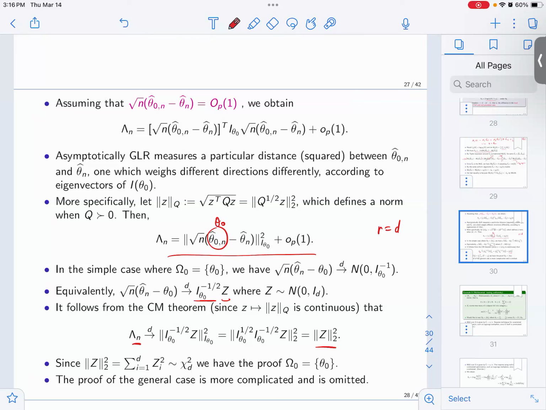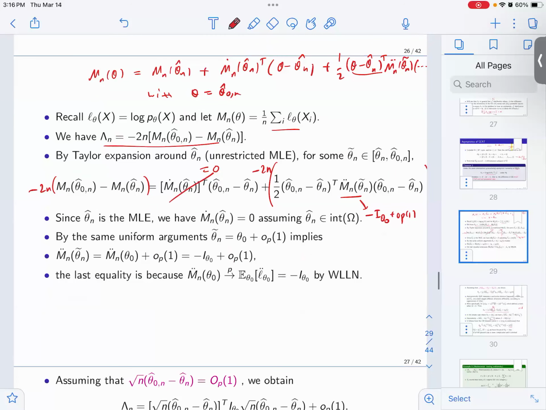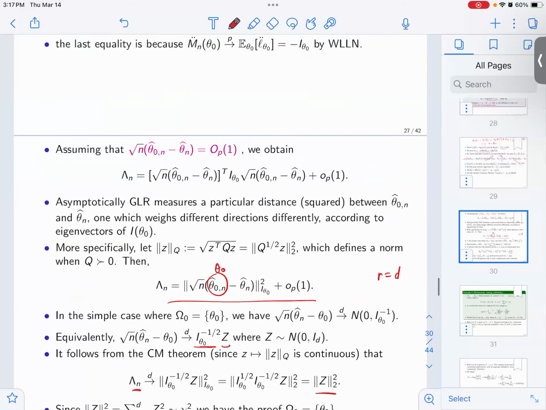But you should be able to follow if you go through it. The main idea is that you do the expansion. The first order term vanishes, the second order is quadratic, and this converges to a normal. So you have a quadratic of a normal. And the idea is sort of interesting.